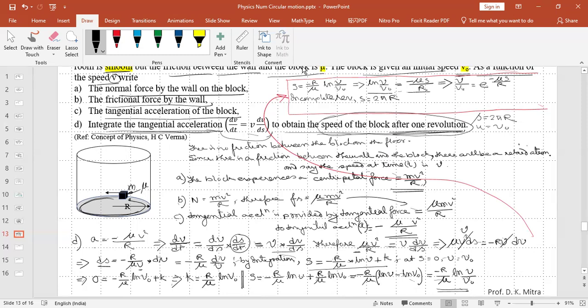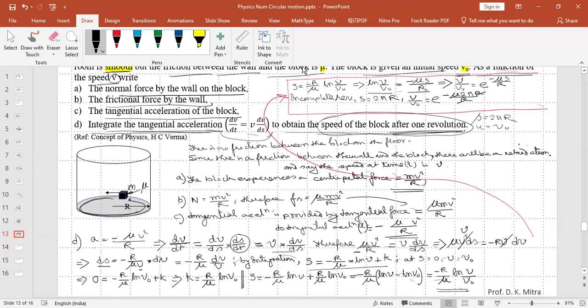So therefore, V by V0 is equal to exponential to the power minus mu by R into capital R. Now this R and this R get cancelled.